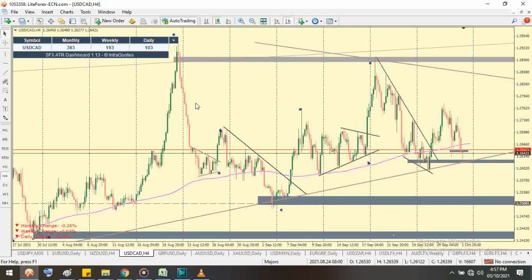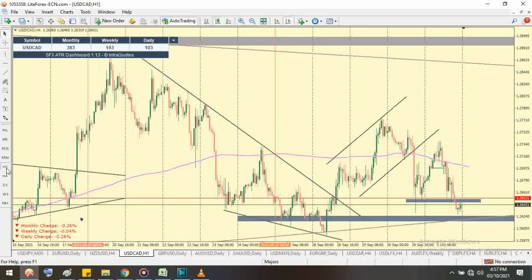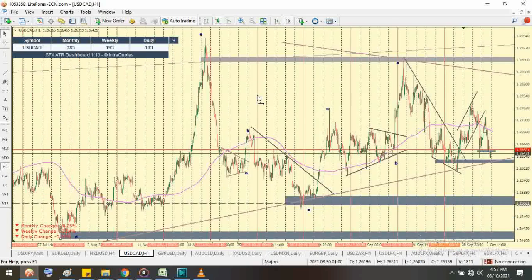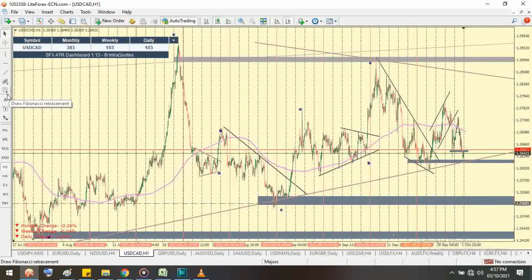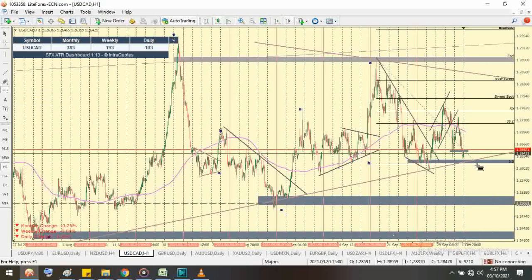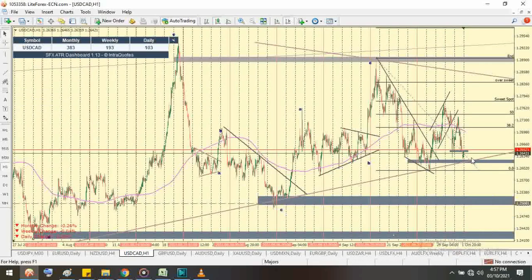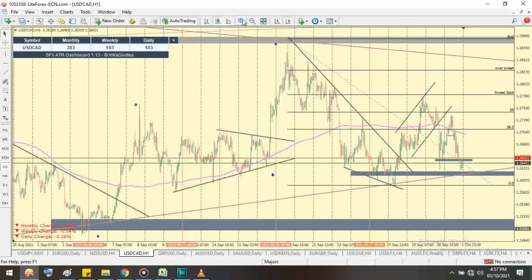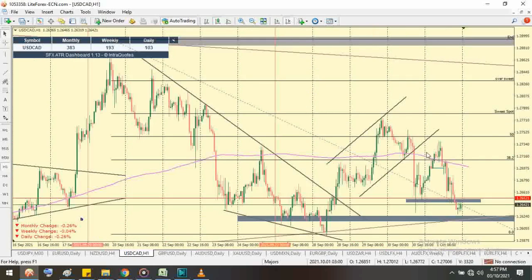So if I'm looking at taking a short trade with this one, I think I'm still going to have to wait, because I will take into consideration this 61.8. This 61.8 is a very nice fib level.